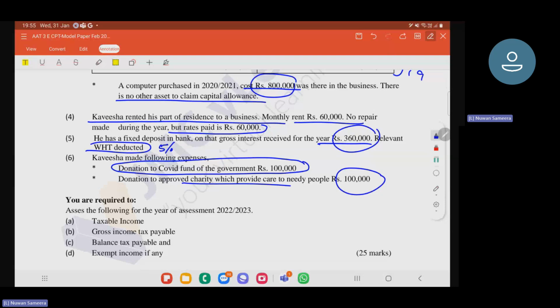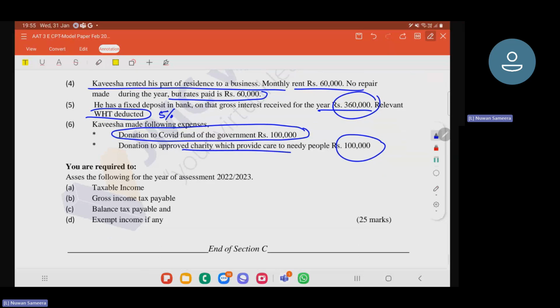Therefore, this 100,000 is never allowed to be deducted as a total amount. Then you are supposed to calculate the assessable income, the taxable income, the gross tax liability, the balance tax liability, and exempt income if any. If there is exempt income, you should mention it. Otherwise, you will not receive the allocated marks.